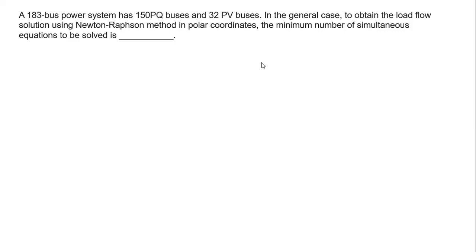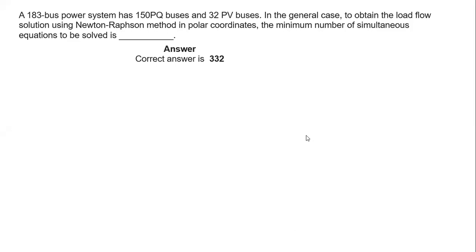Okay, fine. Now let me put the answer. So few of them have given the right answer. So this is the answer. First, Abhishek has given the right answer. 332.